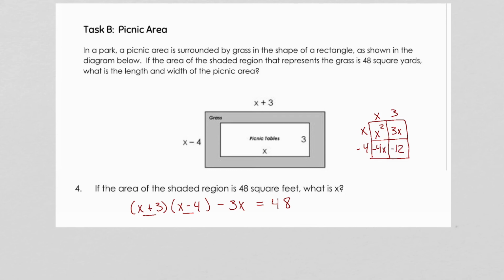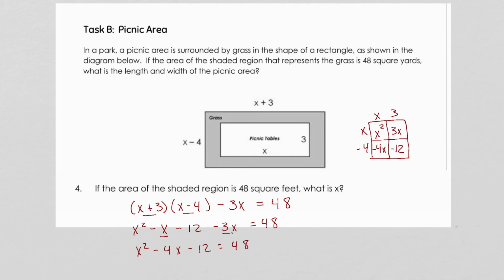X squared, 3x minus 4x gives me negative x. Then 3 times negative 4, negative 12, and then I have minus 3x equals 48. I can combine like terms here, because I have a negative x and a negative 3x. So let me rewrite that: x squared minus 4x minus 12 equals 48.